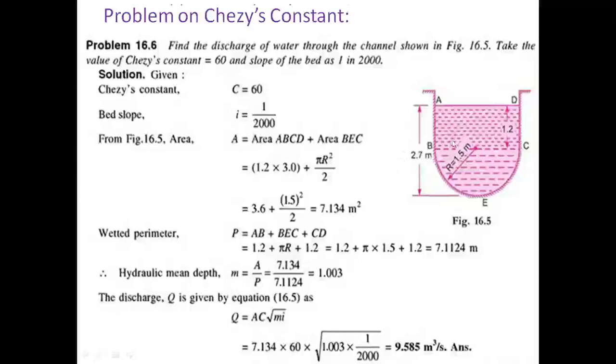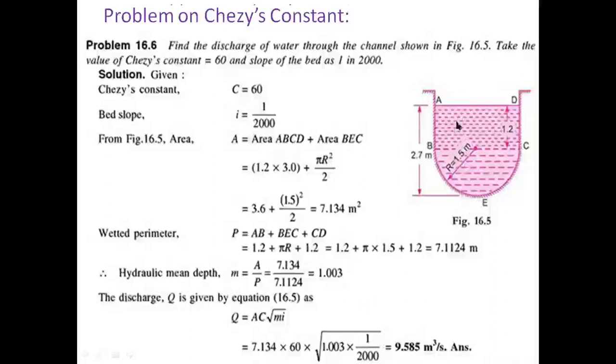So the total area of both the rectangular and semicircular channels is 1.2 into 2.7 meters plus the area of the semicircular channel. The formula for the area of a semicircle is pi r square by 2. Here the radius of the semicircular channel is also given.